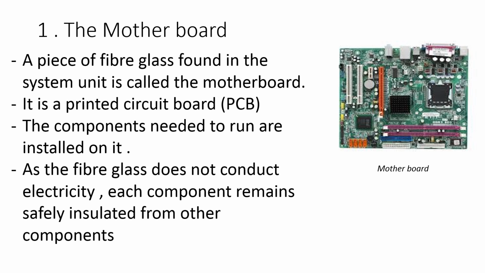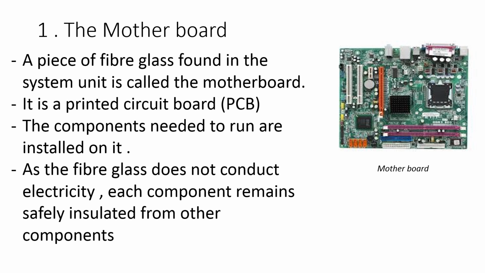Now we are going to study a few more details about the motherboard. A piece of fiber glass found in the system unit is called the motherboard. On that glass there are various controllers, chips, transistors and other devices. About these devices you will learn in higher classes.